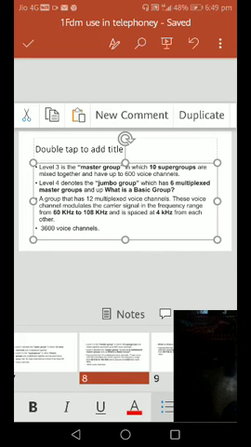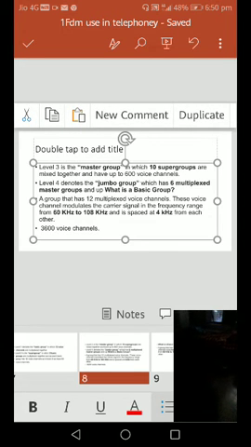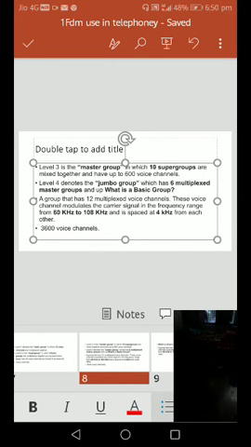Then what is the need for the basic group? A basic group is part of a jumbo group, which has 16 multiplexed master groups.